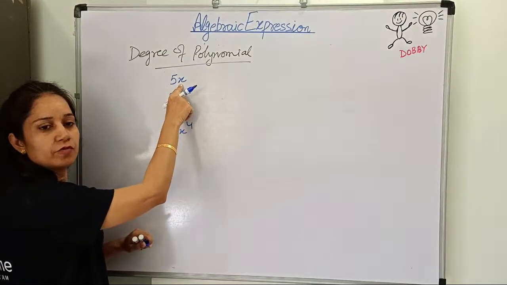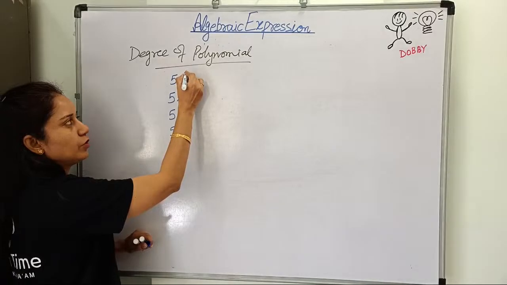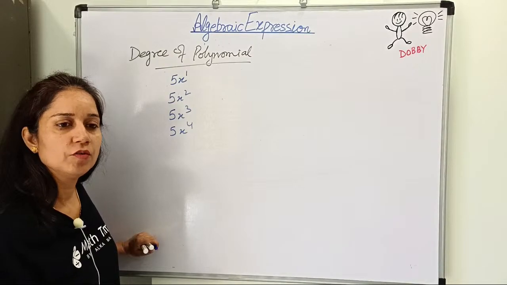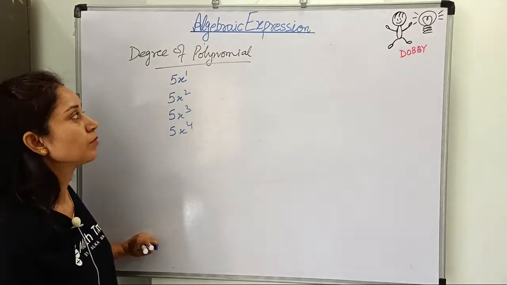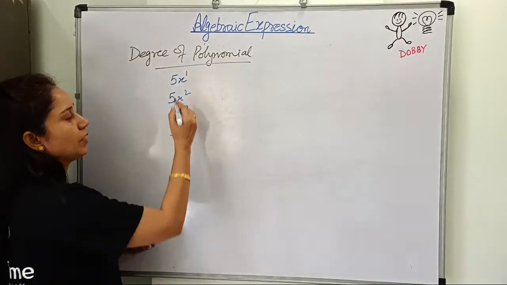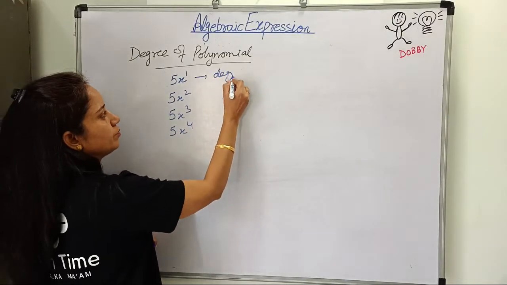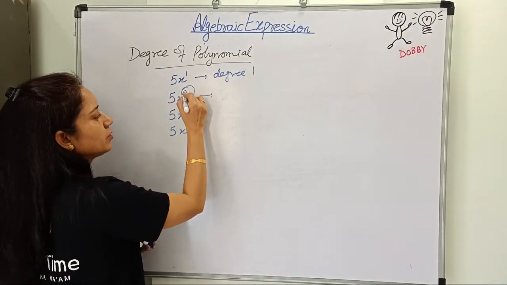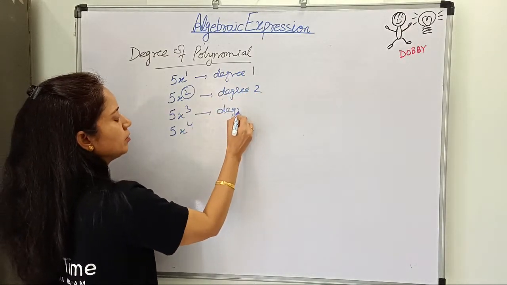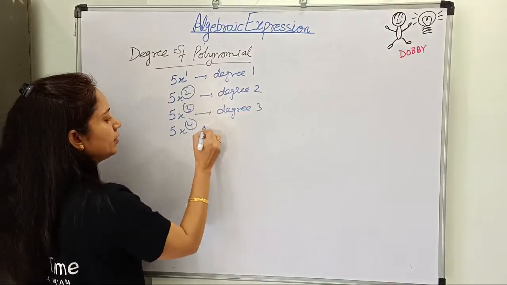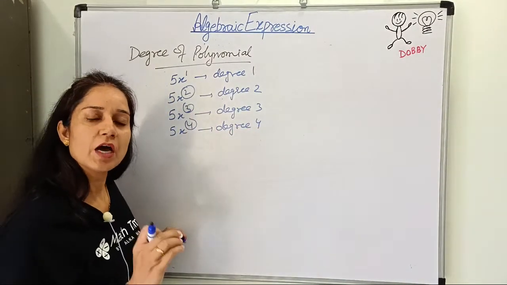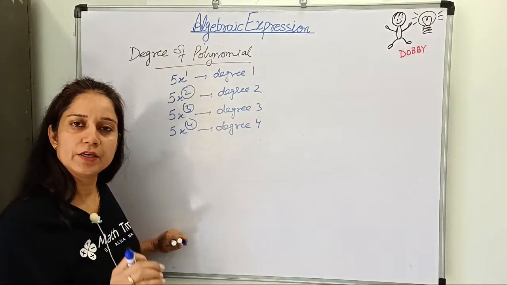What is the power here? For the first term 5x, nothing is written, so it is 1: 5x raised to the power 1. Now what is the degree? Whatever is the highest degree of a variable, that will be the degree of the polynomial. Here the degree is 1. Here the degree is 2. Here the degree is 3. And in the next, the degree is 4. The highest power of a variable is the degree of the polynomial.